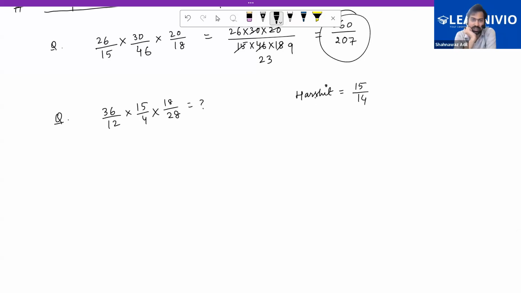So yes, Nabila and Jan, what do you guys have? We have to only multiply the numerators together and the denominators.